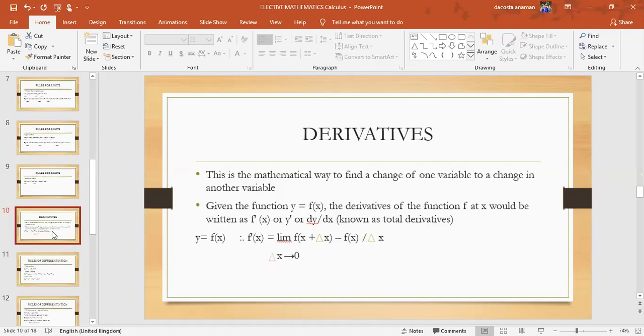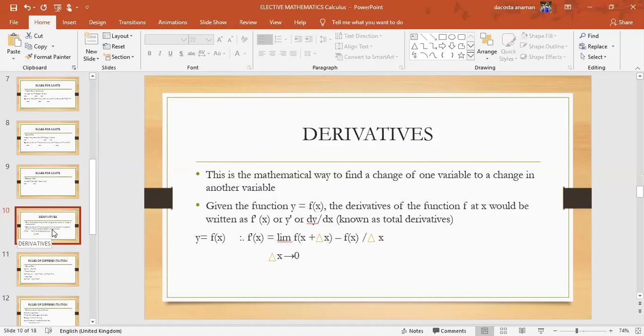Then we moved on to derivatives, which is differential calculus, where we talked about change. The mathematical way of finding a change of one variable to a change in another variable is what we term as differentiation.